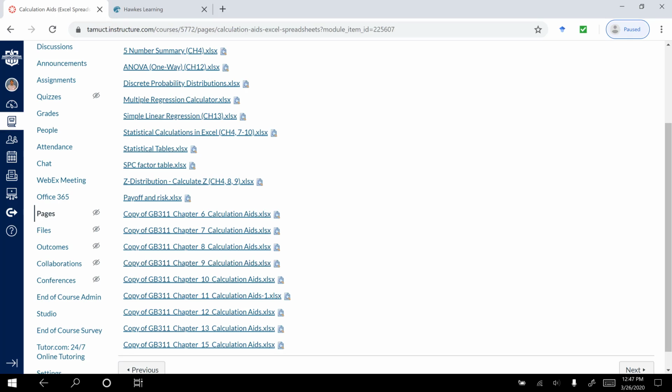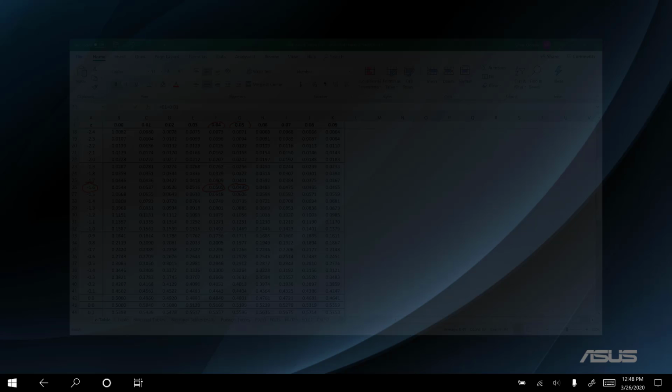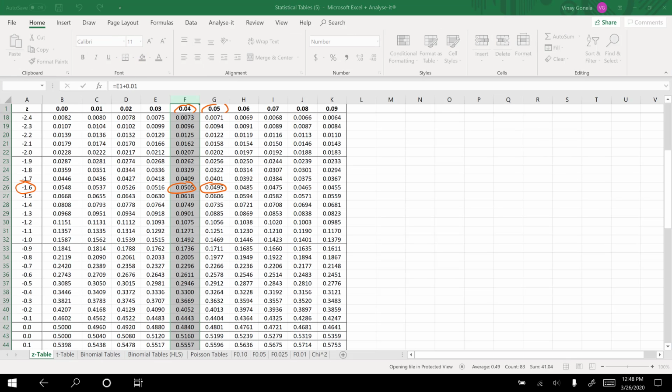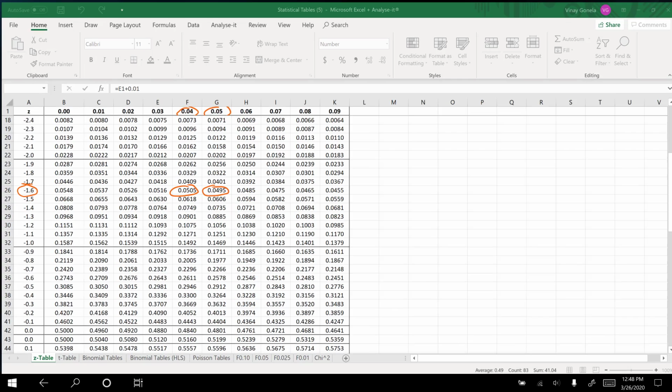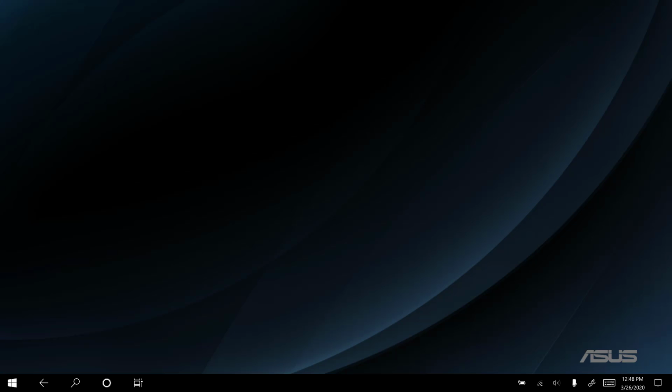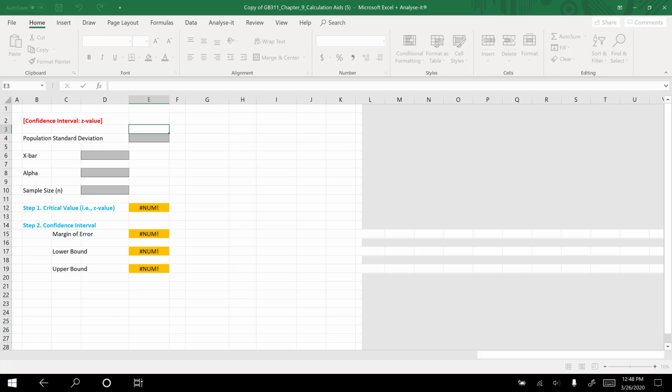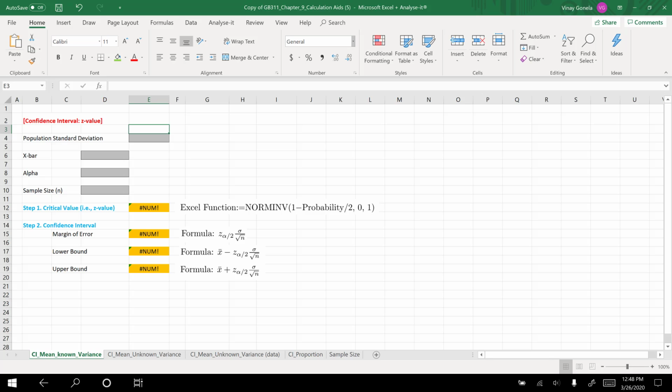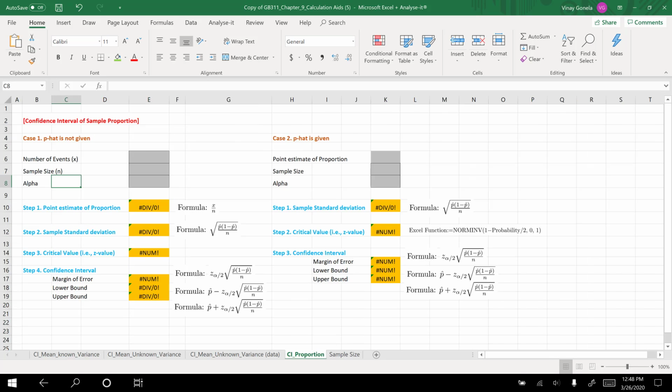So again I'm doing chapter 9. I'll download that calculation aid. I open chapter 9, enable editing, and then again I am in the known variance spreadsheet. I have to go to proportion.